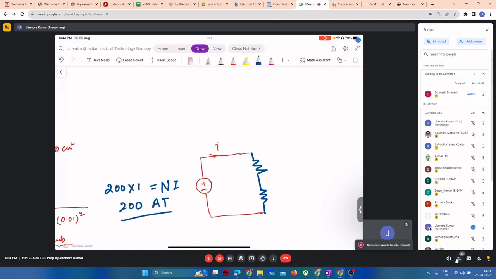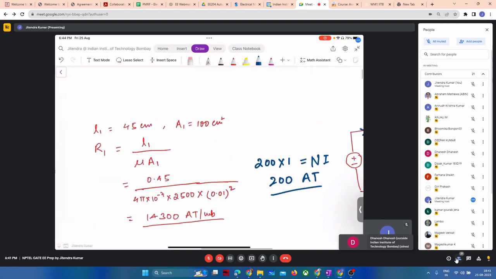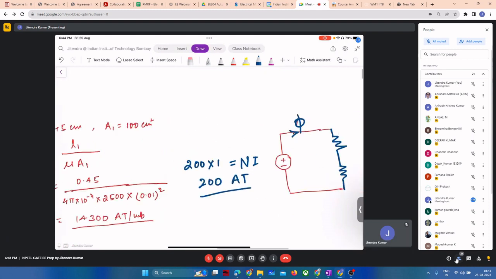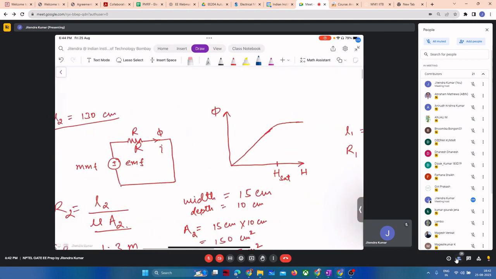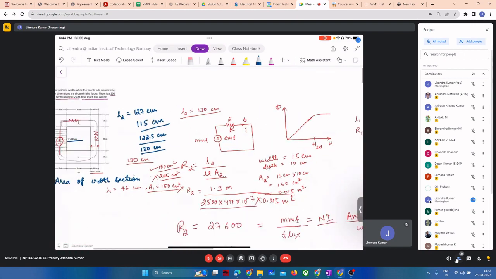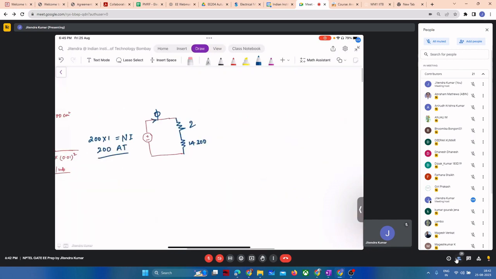Now some flux will flow. We have already computed the reluctances. How much are they? 14,300, and the other one is 27,600.